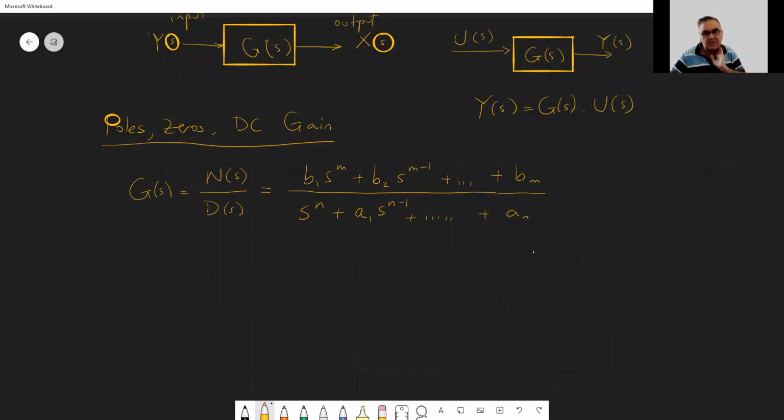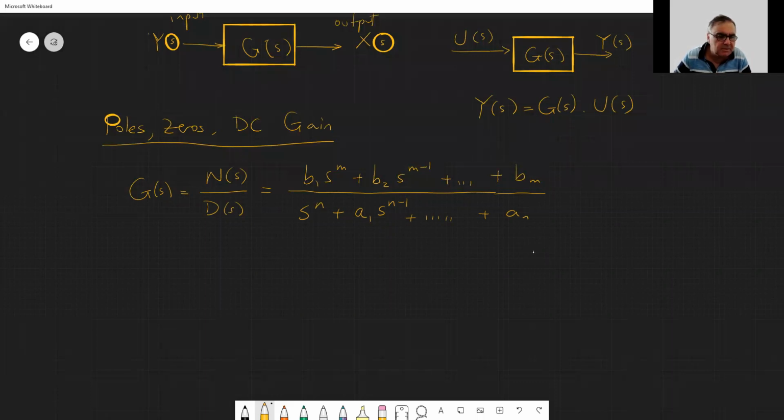So it is an nth order polynomial divided by an nth order polynomial. The b terms form the numerator polynomial, and the a terms form the denominator polynomial.